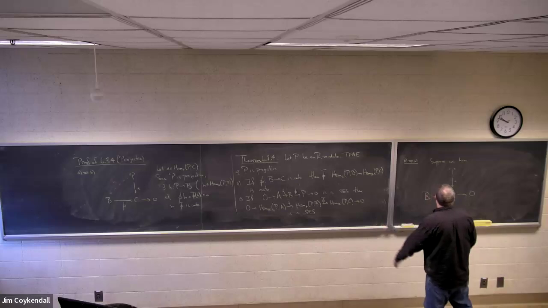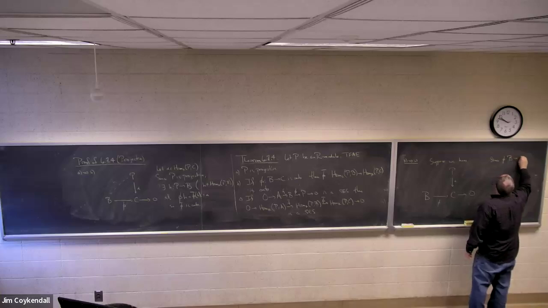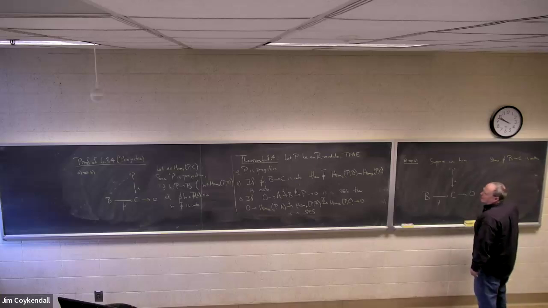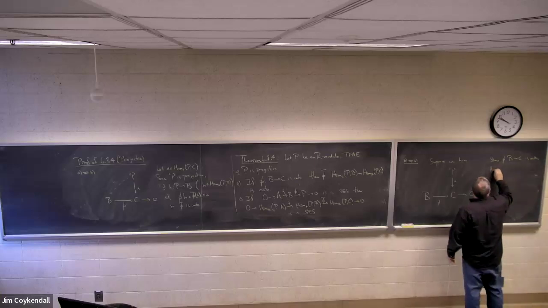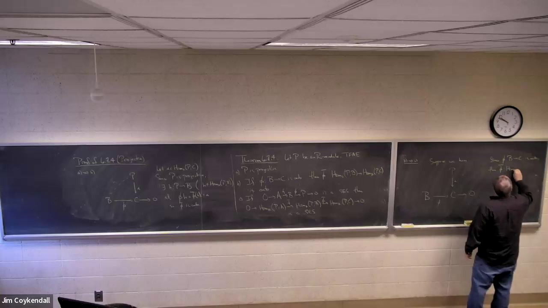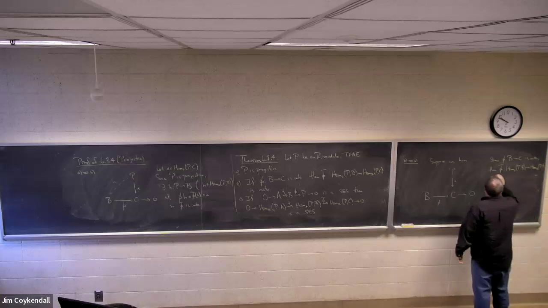What do I have? I know since P of B to C is onto, then P bar from Hom(R, PB) to Hom(R, PC) is also onto.